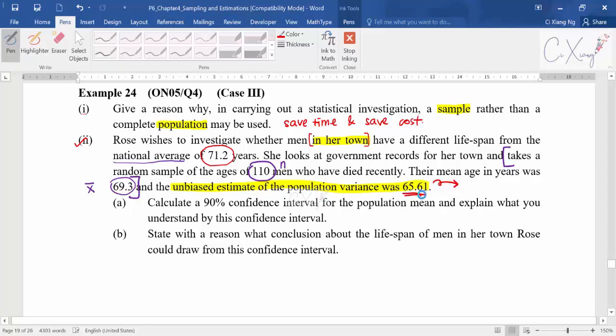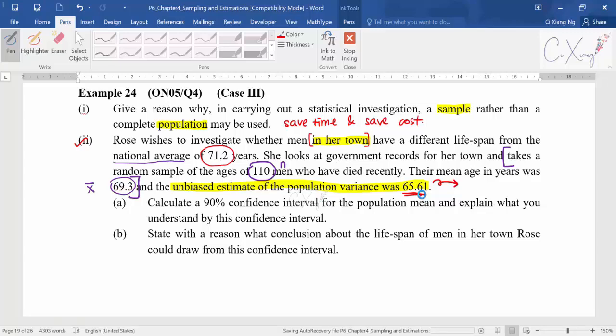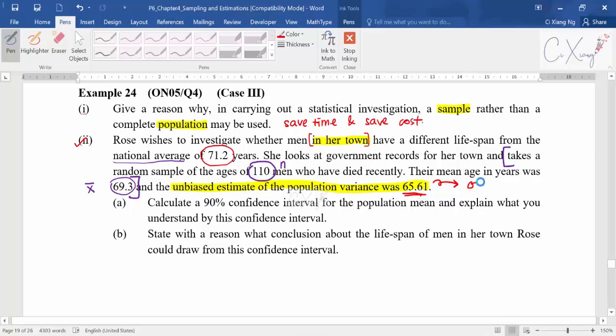So originally the population variance is still unknown. That's why they need to estimate it. So this is already the estimate for sigma squared. Okay, all right. So clear or not for all the numbers here?